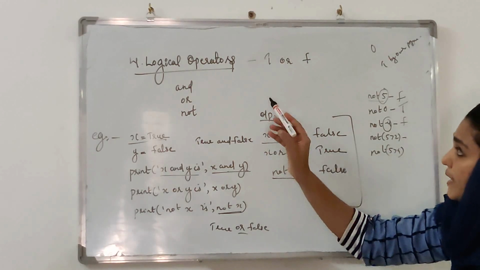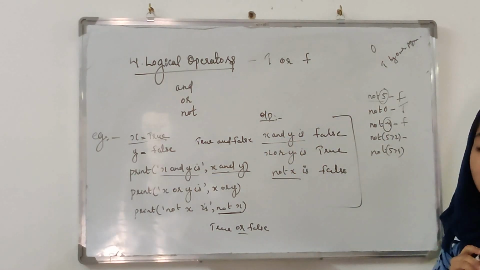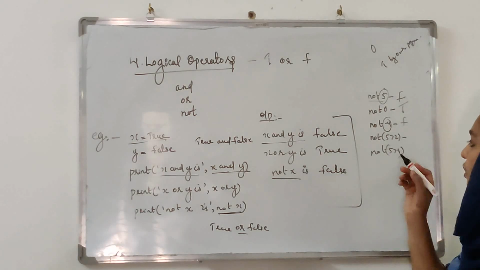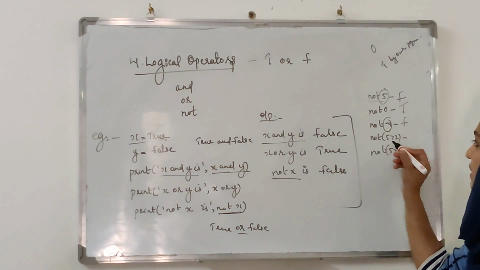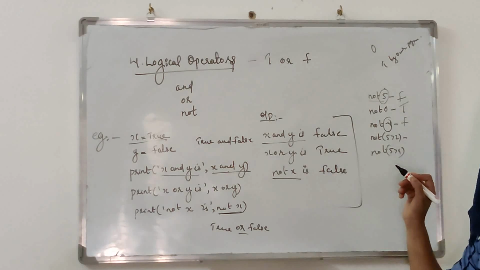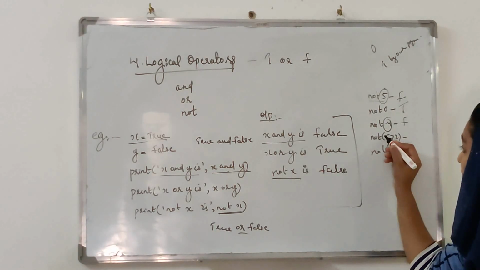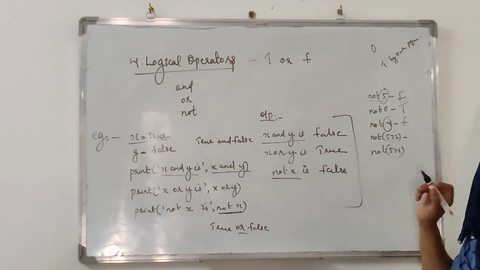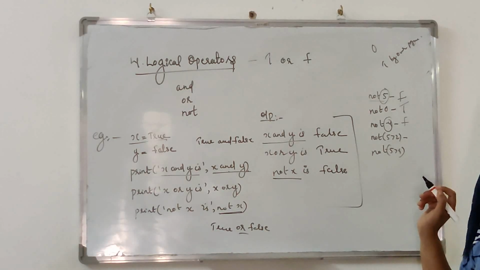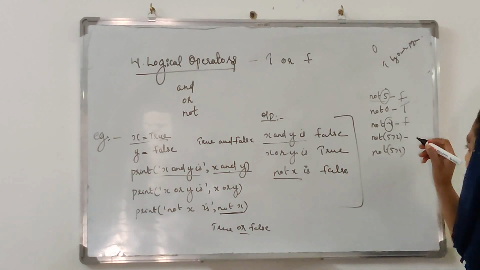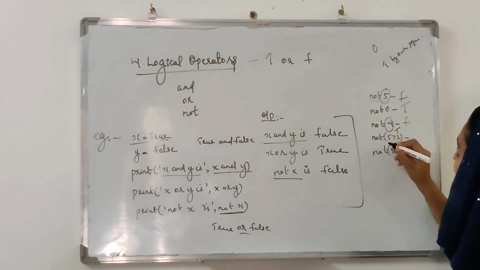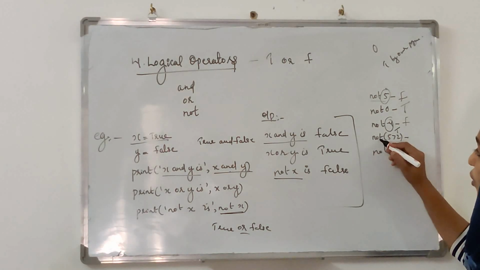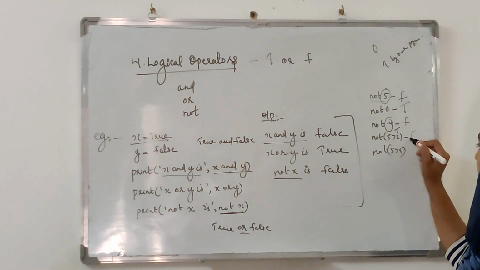Then we can combine this logical operator as well as our relational operators. Look at this question. Not 5 greater than 2. So first of all it will check the value of 5 greater than 2. Is 5 greater than 2? 5 is greater than 2. So our output will be true. Then what will be our final output? Not true. Not true means false.